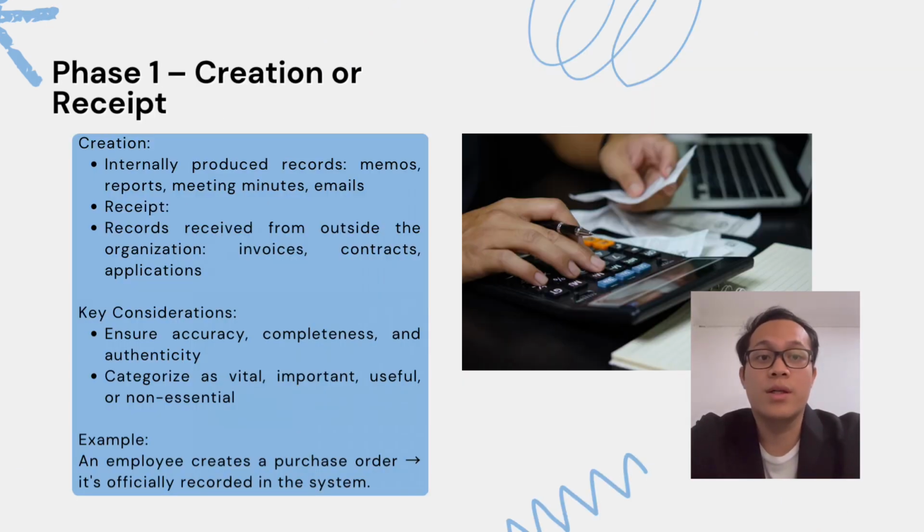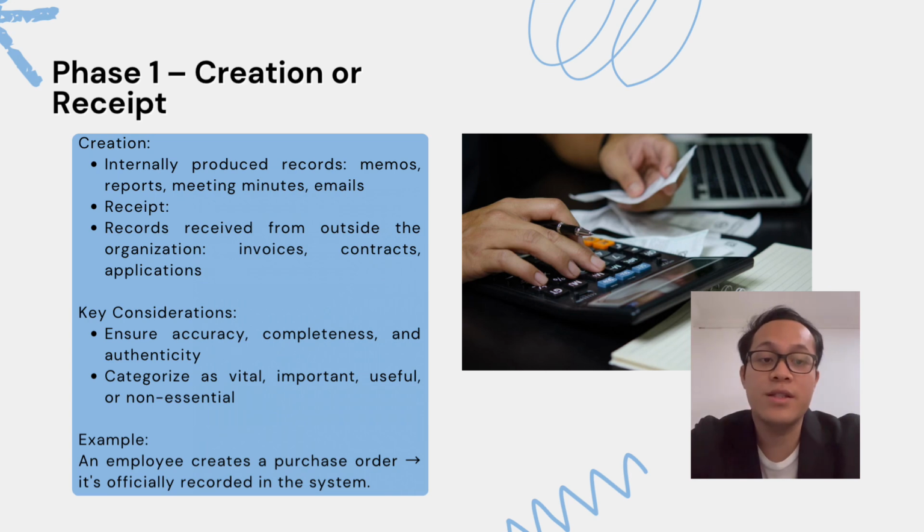So we go to the first phase, creation or receipt. Creation means internally produced records like memos, reports, meeting minutes, or emails. What about receipt? Receipt is a record received from outside of the organization, like invoices, contracts, and applications.